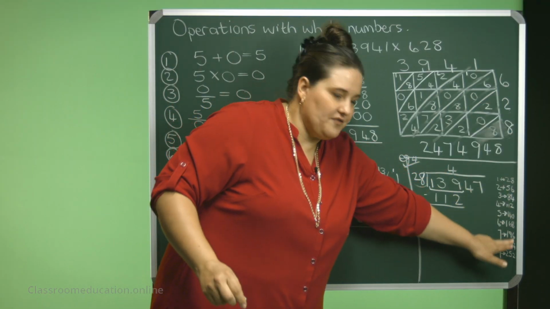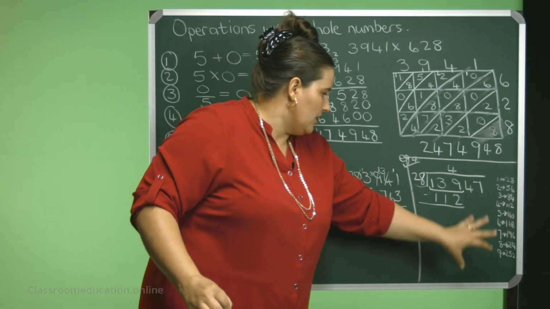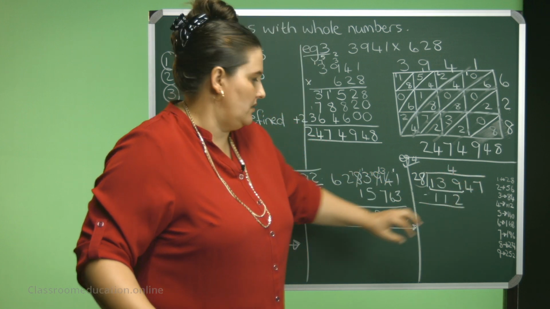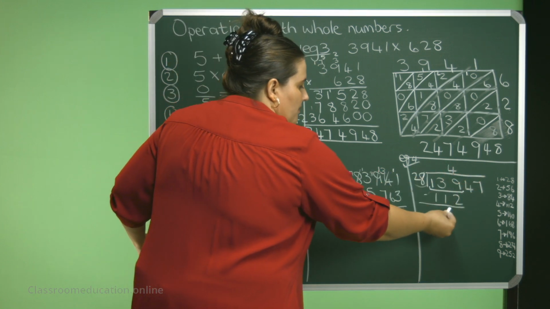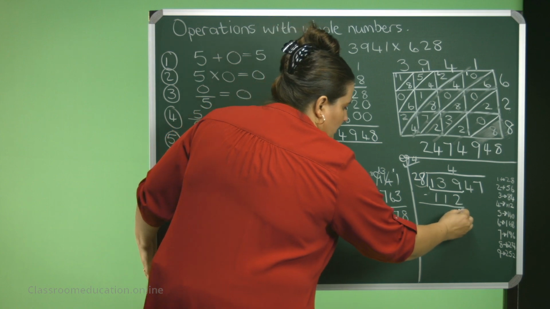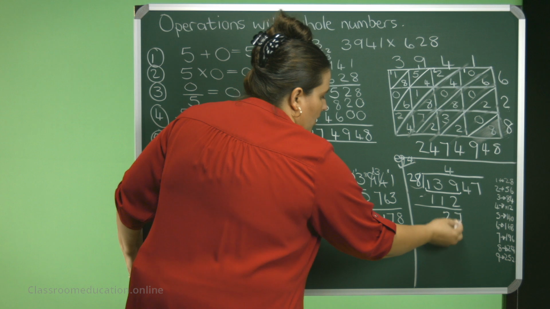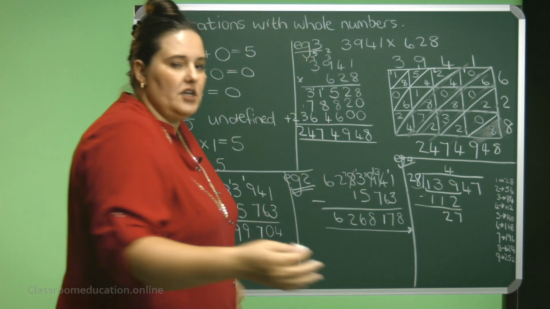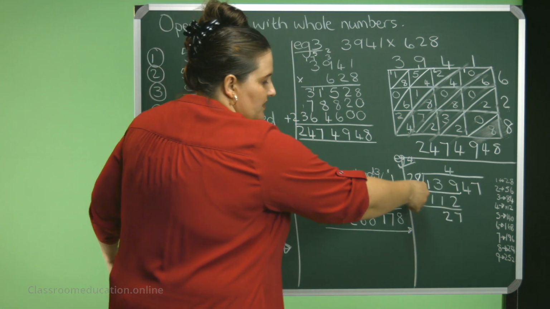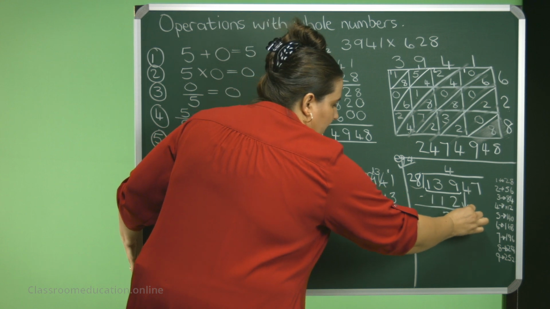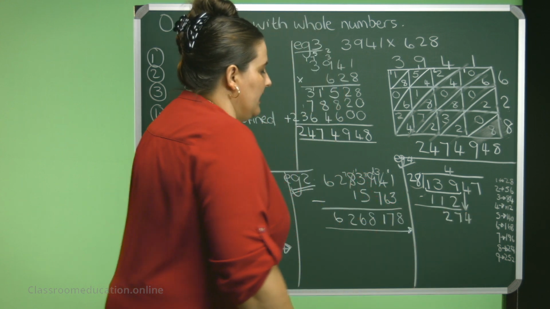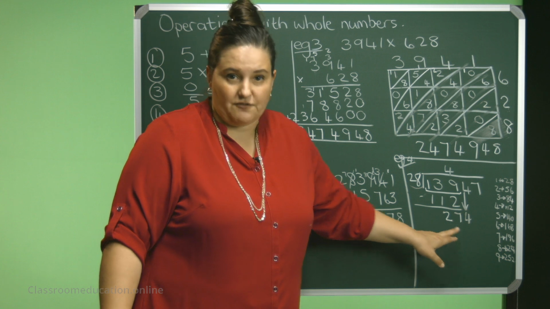Again, once you have that, it's so much easier completing your division calculation. Let's subtract now. 9 minus 2, 7. 3 minus 1 is 2. 1 minus 1, it's 0. Right, once you've subtracted, you bring down the next value, that 4. Now you have 274.